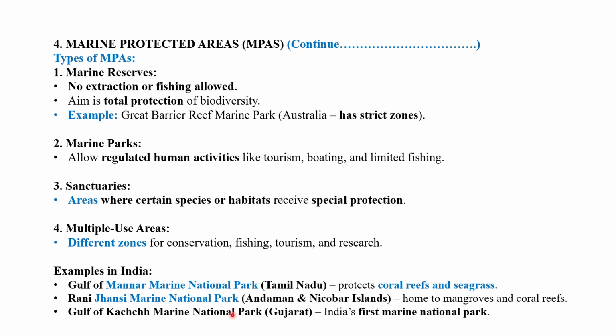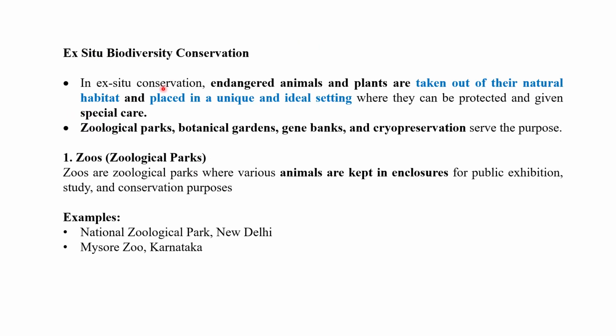Rani Jhansi Marine National Park, in the Andaman and Nicobar Islands, home to mangroves and coral reefs. Gulf of Kutch Marine National Park, India's first marine national park. So these come under the marine protected areas.